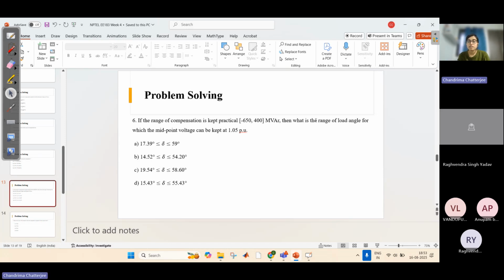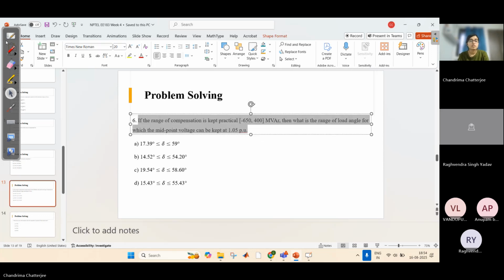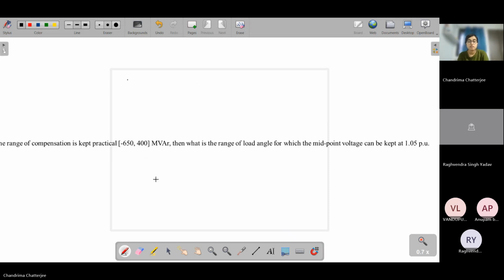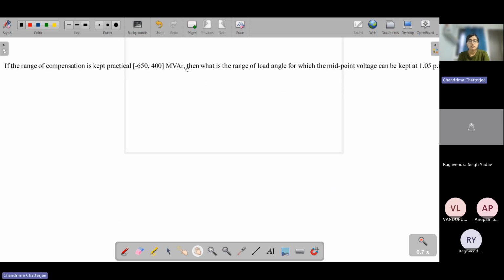So what is the question? The question is, in this range of reactive power, what is the range of load angle for which we can maintain the midpoint voltage at 1.05 per unit. We need to find out the delta corresponding to minus 650 and the delta corresponding to 400 megavar. That is the question.